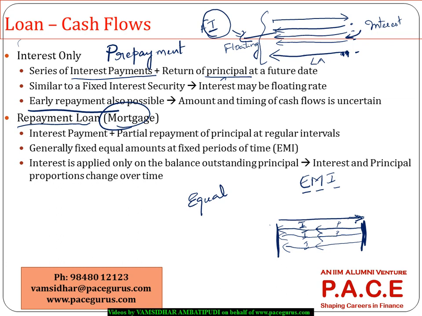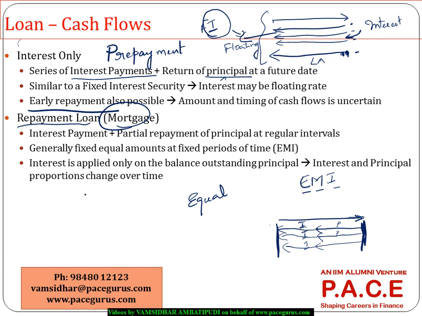But the overall payment being made is equal, which means as the time period increases, the interest portion comes down, but the principal portion goes up, and it is ensured that principal and interest added together will be a sum which is equal for the entire period. That is a typical repayment loan mechanism where some portion of the interest and the principal repayment happens.